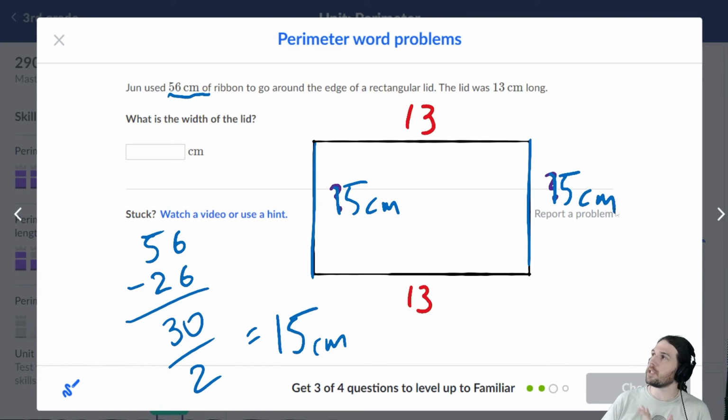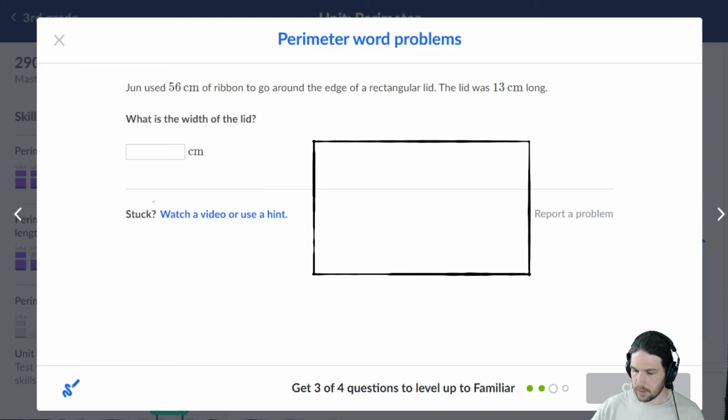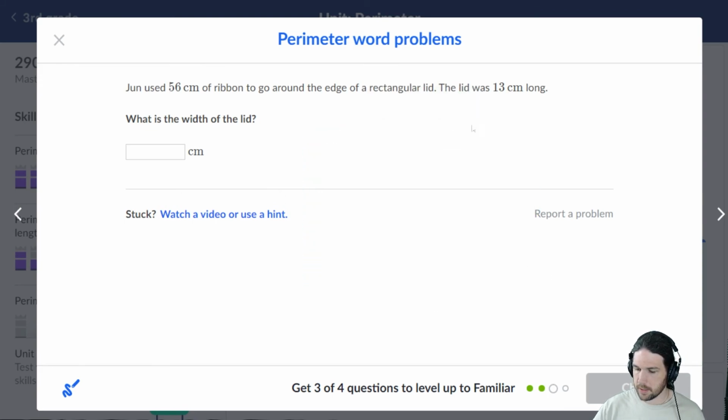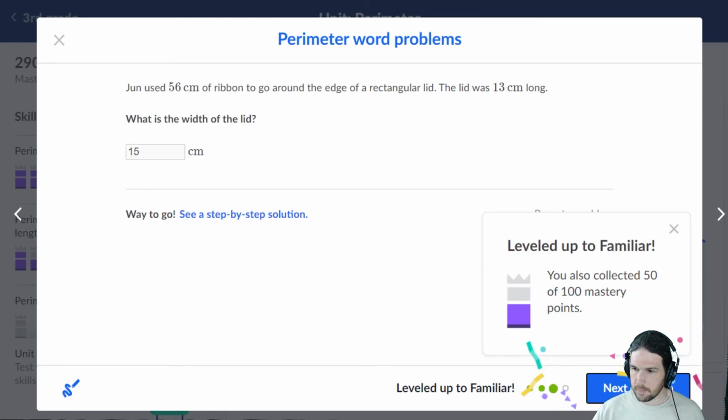The diagram is not intended to be a perfect representation of reality. It's intended to be there to help you visualize what's going on, to get you to the solution that you want, which in this case is 15 centimeters. Delete this thing too. There we go. 15. Moving on.